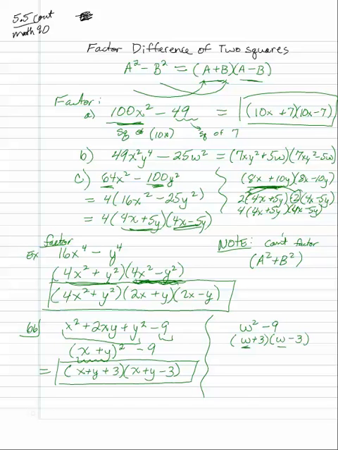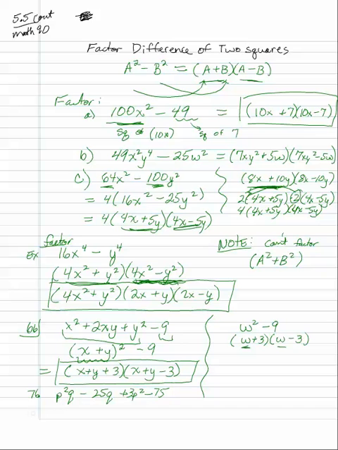All right, let's do one more of those. So let's see here. Number 76 is p squared q minus 25q plus 3p squared minus 75.